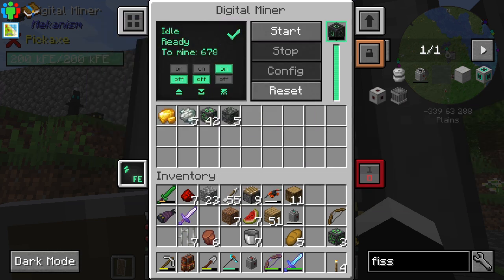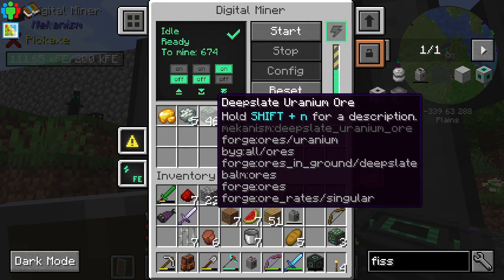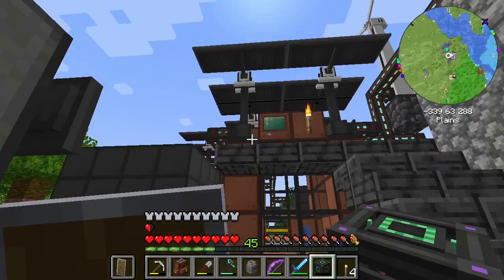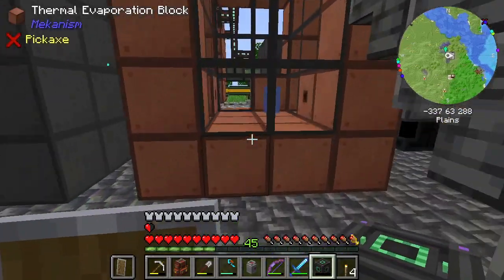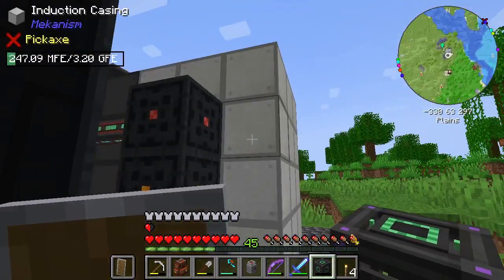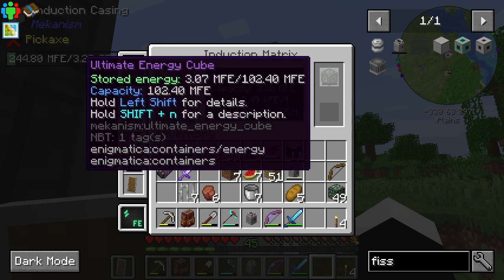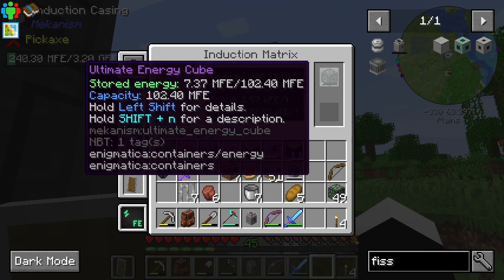Well, it's because there's a couple of different mods which use uranium. And one of them, surprisingly enough, is Immersive Engineering, which is fascinating when you consider the fact that Immersive Engineering doesn't really, well, I didn't think it went any further than diesel punk.